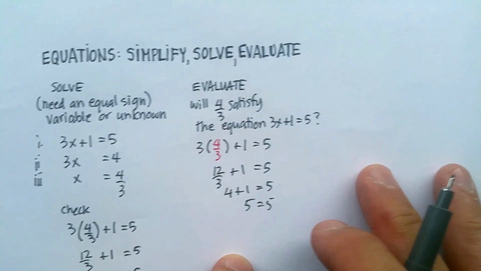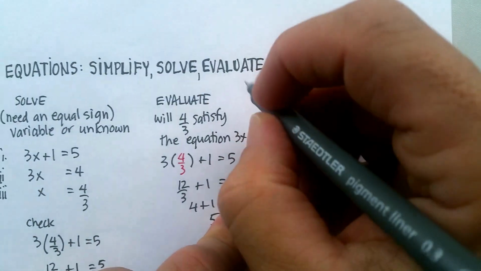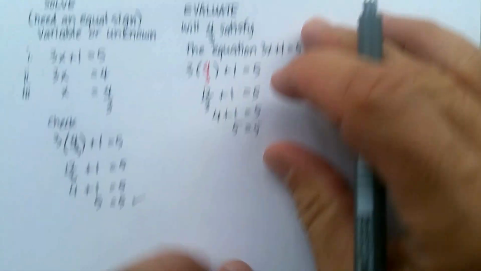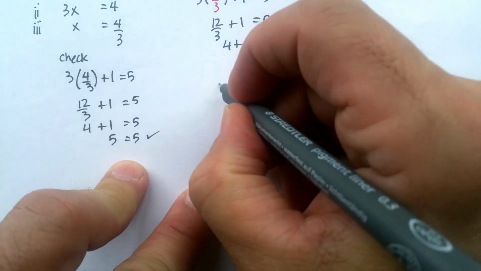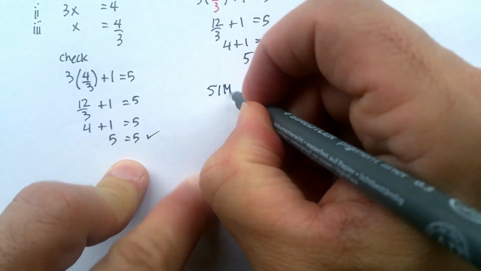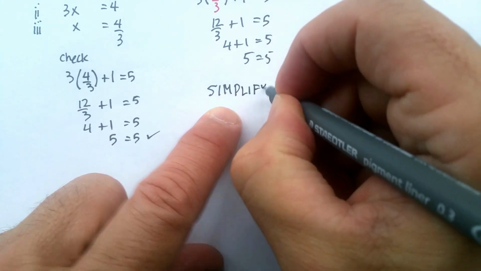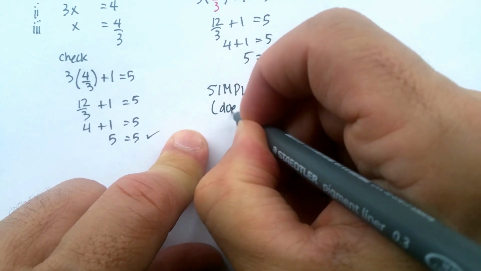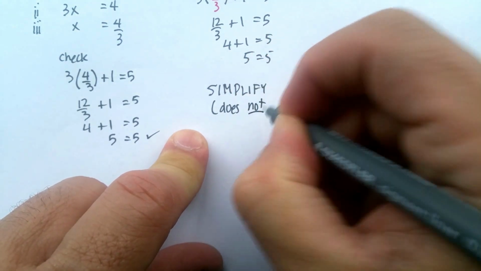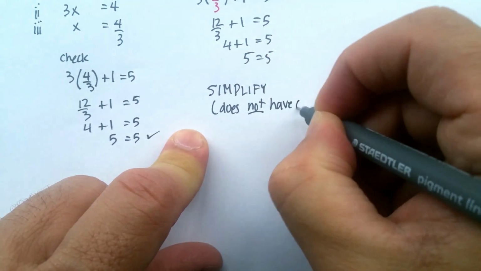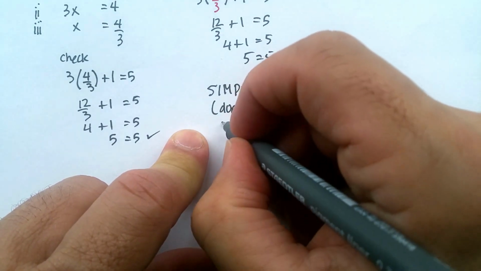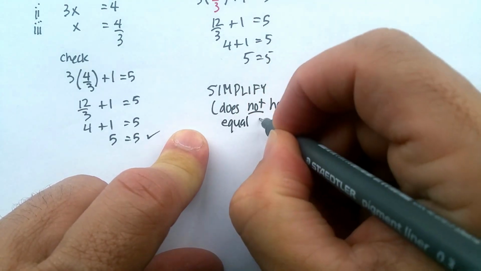Okay, now the last word that we want to talk about is simplify. All right, let me just do that down here, actually. Now, simplify does not have an equal sign. Does not have an equal sign in it. Okay?